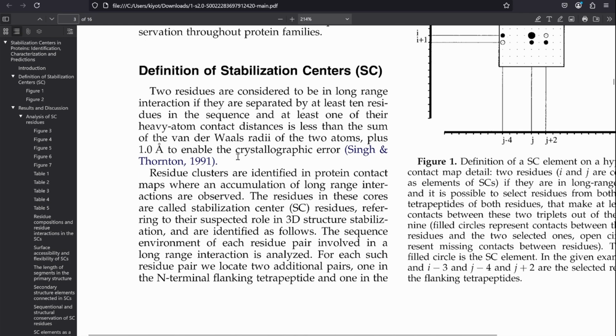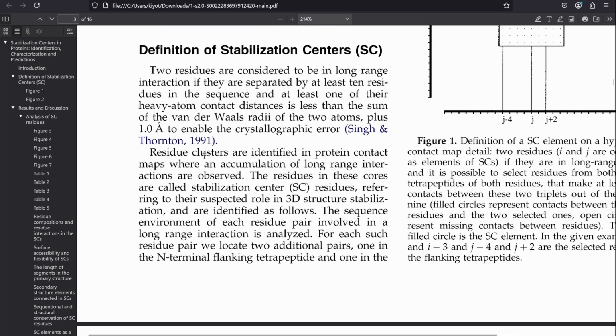Okay. And then what it is talking about is that residue clusters are identified in protein contact maps where an accumulation of long range interactions is observed. If we take a look at long range contact analysis, we might be able to see different clusters being formed in a contact map. A contact map is a visual way of representing which residues are forming contacts with each other.